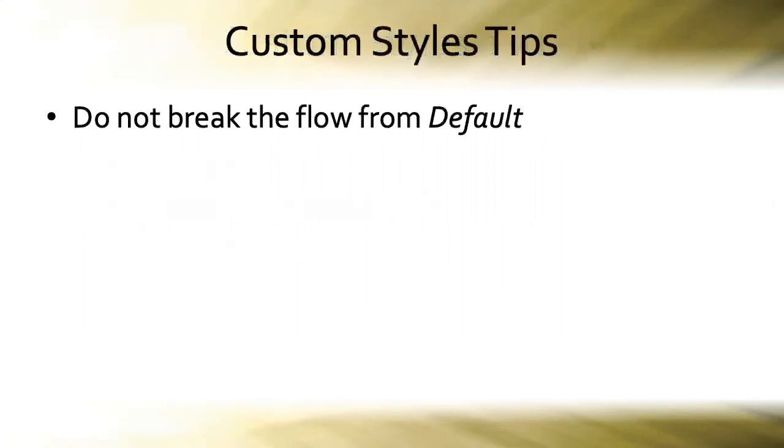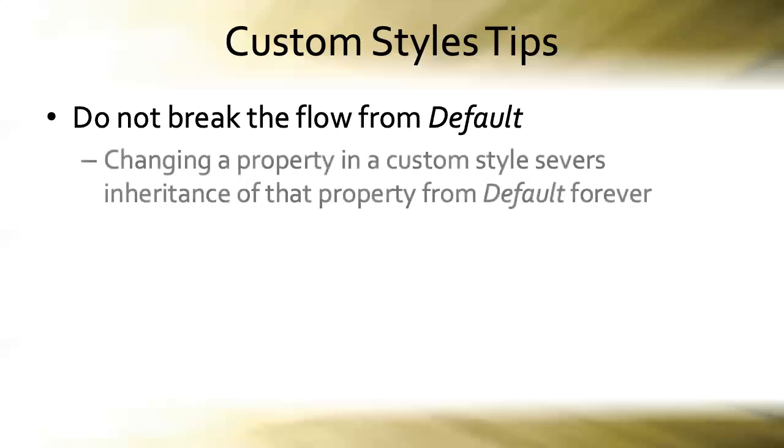Now, some tips to get the most out of your custom styles. Try not to break the flow from default. Here's what I mean. Since you know that the default style for each object type is the parent style and all other custom styles are children of default, you don't want to break the flow. If you change a property in a custom style, it will sever the inheritance of that property from the default style forever.